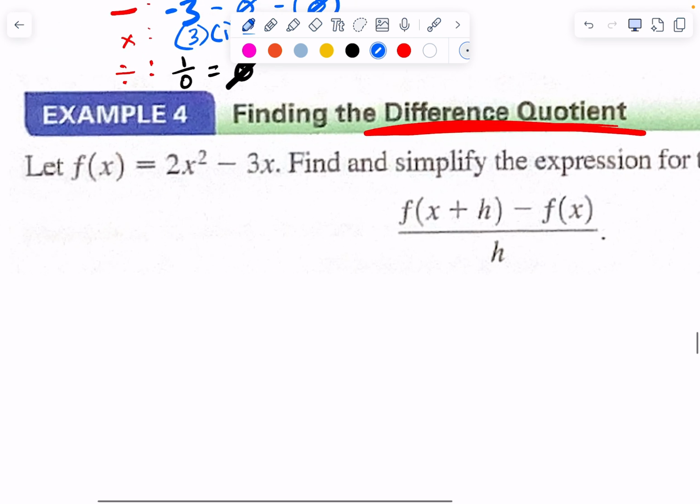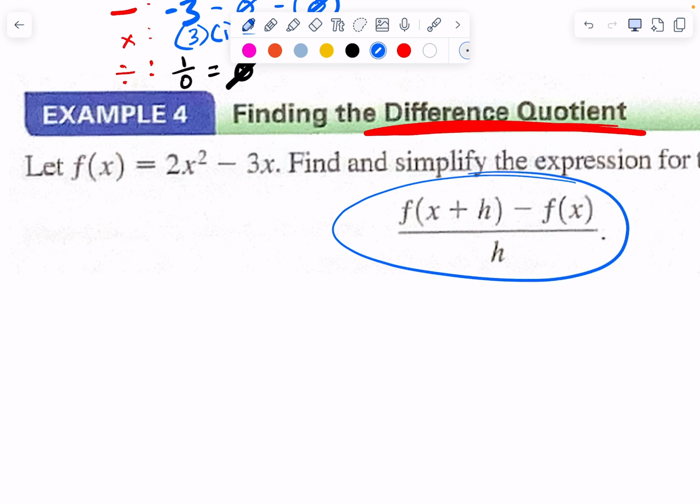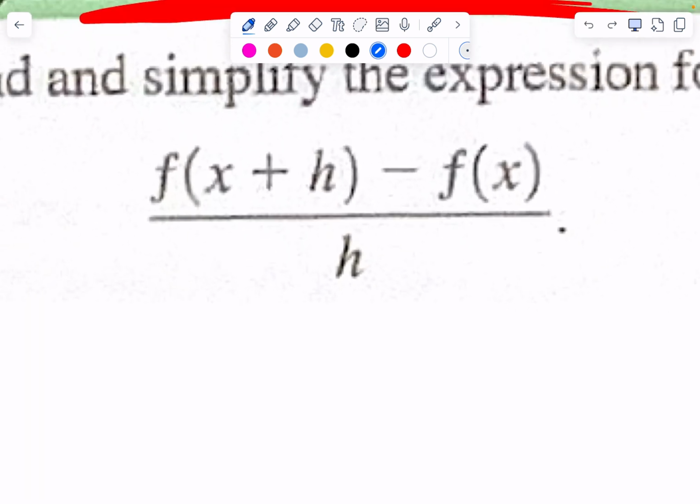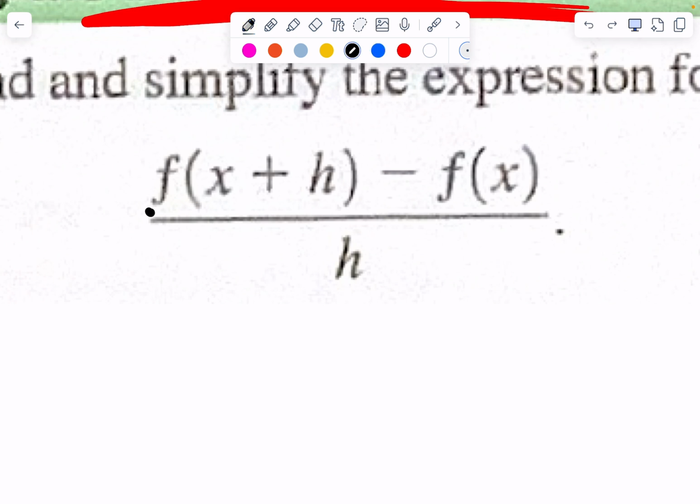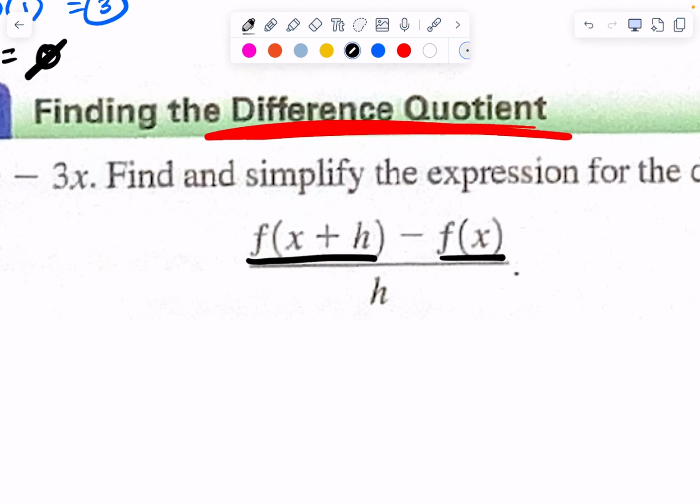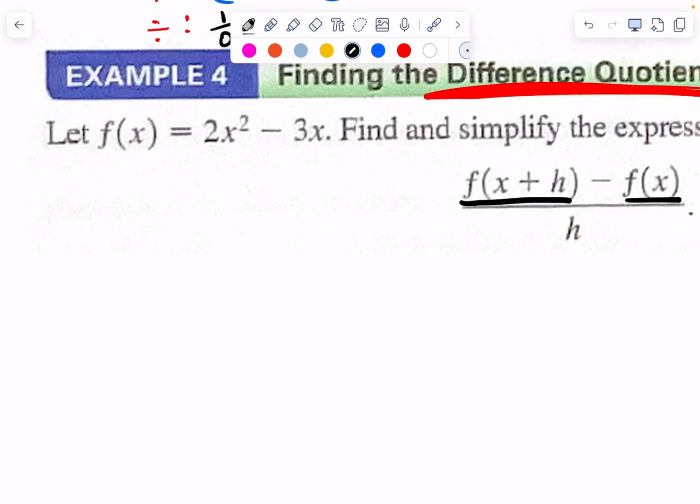All right, what we're wanting to do is this whole thing for this function, okay? And it's going to be kind of disgusting. There are kind of like 3 pieces to this, okay? We've got this guy minus this guy and then all over h, all right? So I'm just going to start with the f of x plus h. If that said, for instance, f of 3, that means plug 3 in for x there and there, right?